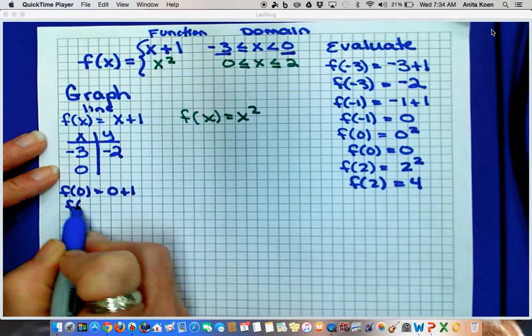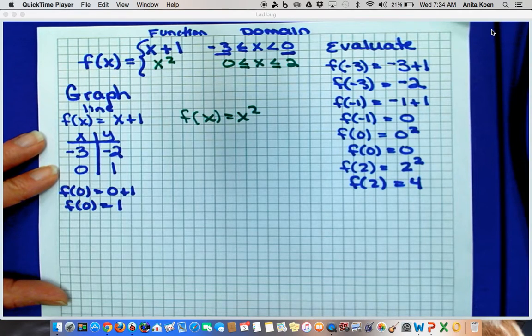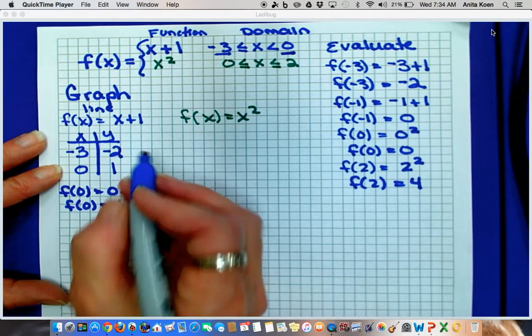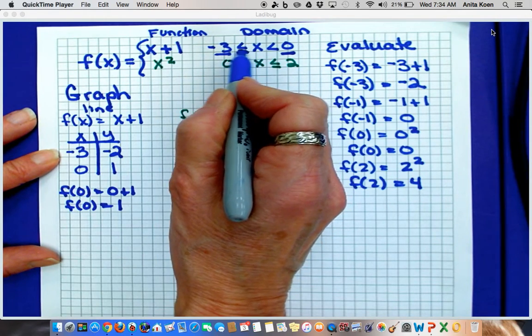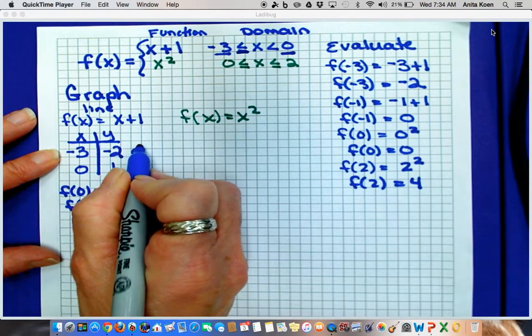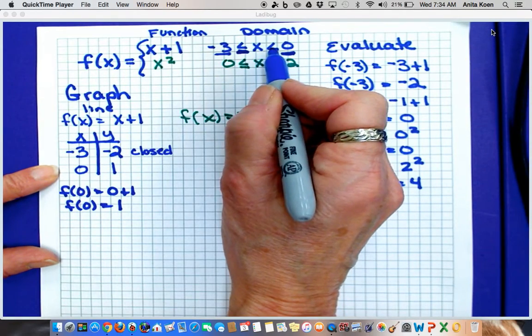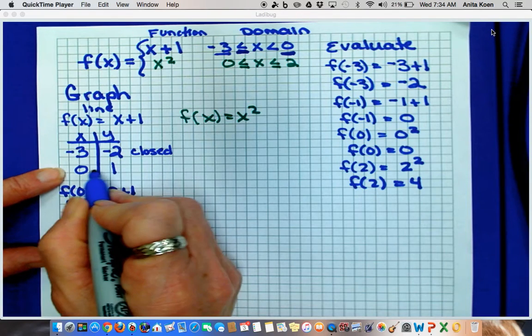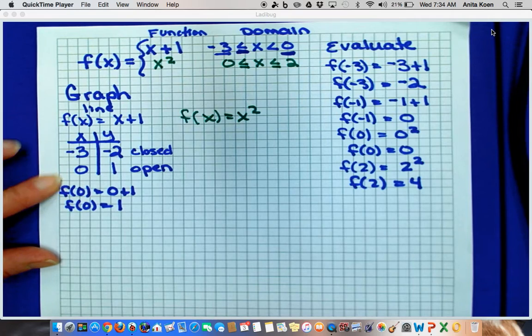So f of 0 is equal to 1. Because I need to know where this graph stops. So this is the boundary point, and because it has an equal, I include it. So this circle is closed. This is the other boundary point. There is no equal under it, so this one doesn't get included in my graph, so this point is open.